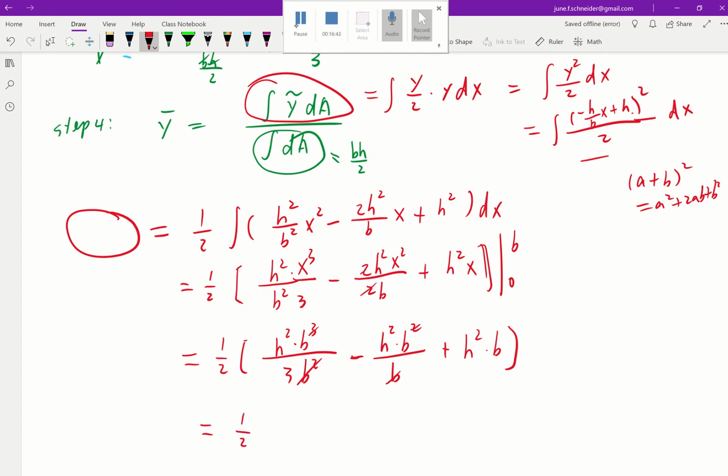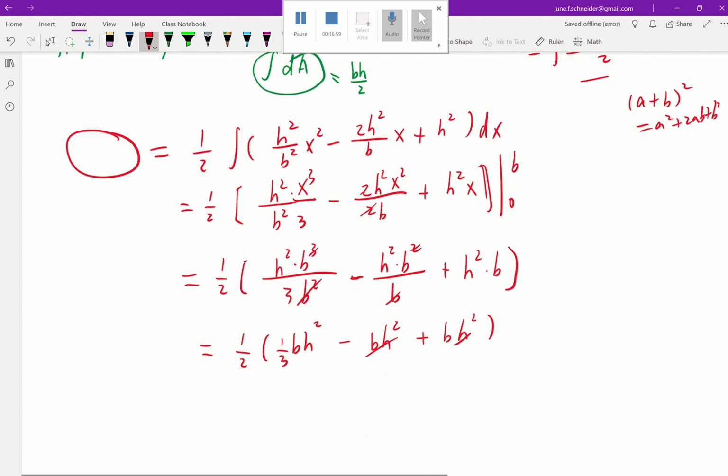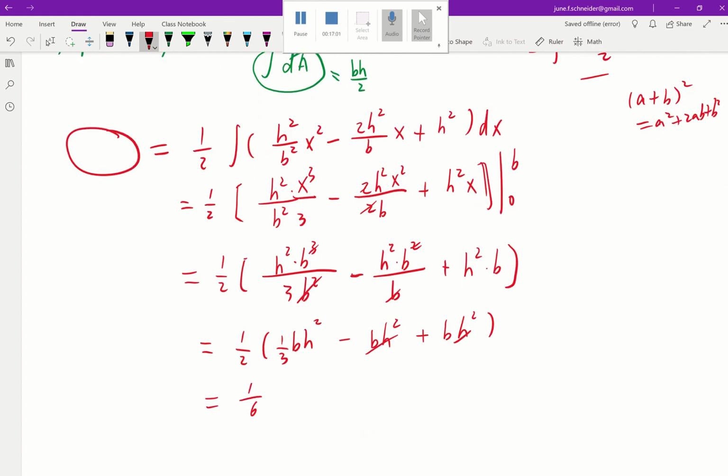In the parentheses, they all have bh squared. The first one is 1/3, the second one is just bh squared, the third one is also bh squared. Then those two cancel out, and we'll get 1/6 bh squared, right?